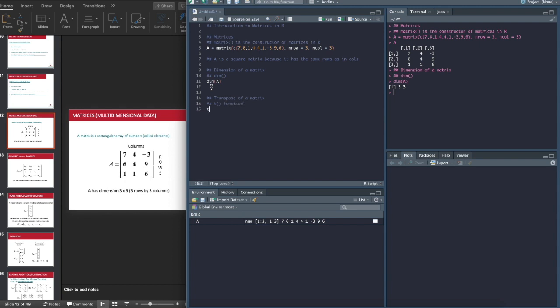So for example, if I say transpose of A, remember that what the transpose does is that the first row will become the first column. So if I say transpose of A, I will just get back 7, 4, minus 3, 6, 4, 9, 1, 1, 6, and that would be the transpose of a matrix.